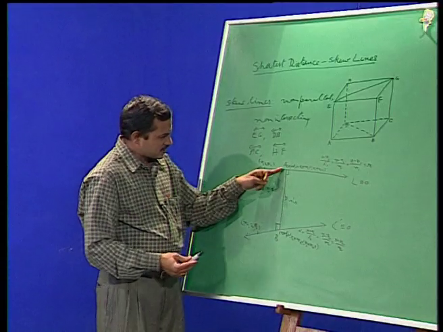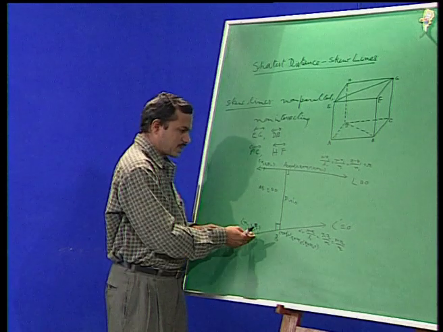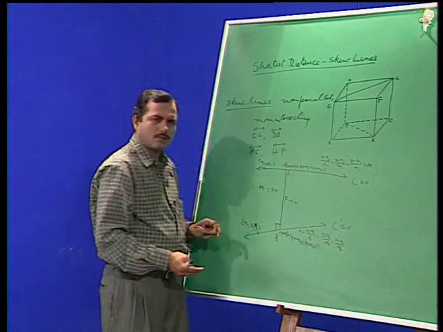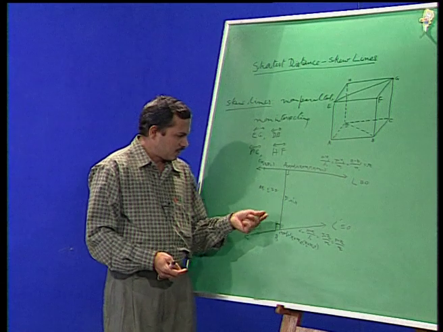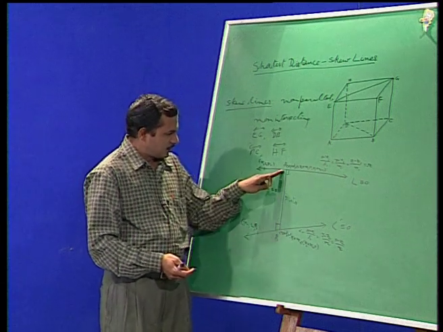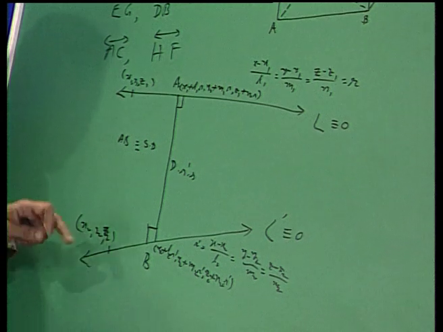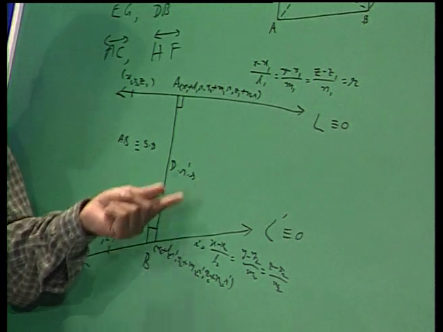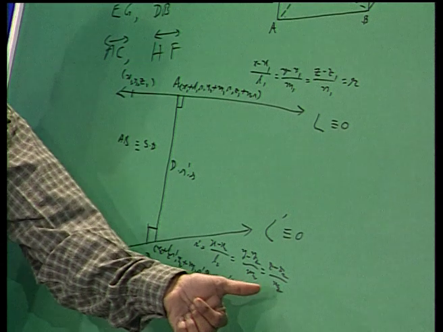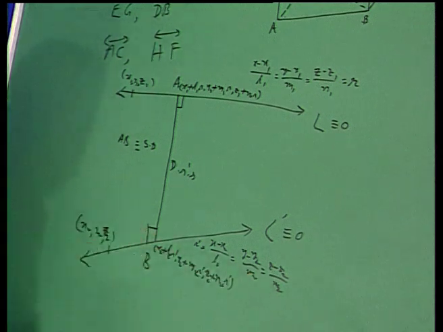Similarly, this line segment AB is also perpendicular to the line L dash equal to 0. Therefore, when we impose the condition that these two lines are perpendicular, we get a condition in terms of R and R dash and these direction ratios L2, M2, N2.